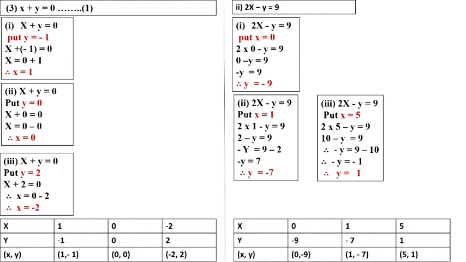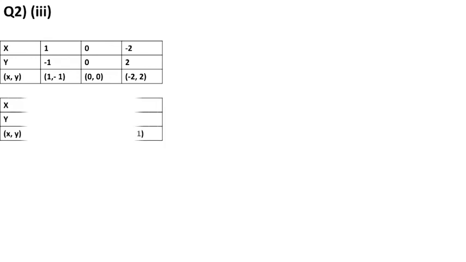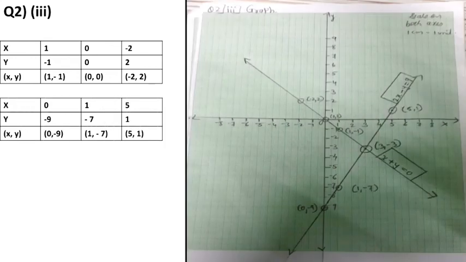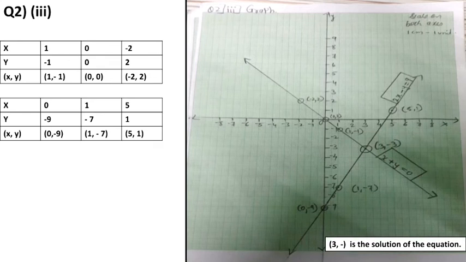Fill the answers in the boxes to plot the points on the graph paper. So here, for the third one, we got the points, and we will draw the graph based on these given points. Where these points intersect each other, at 3 and minus 3, is the solution of the equation.